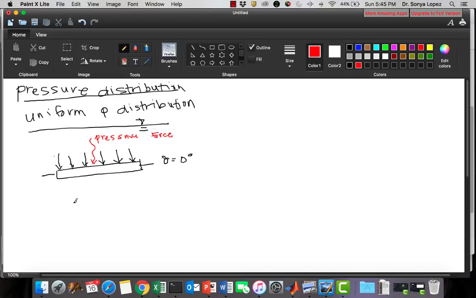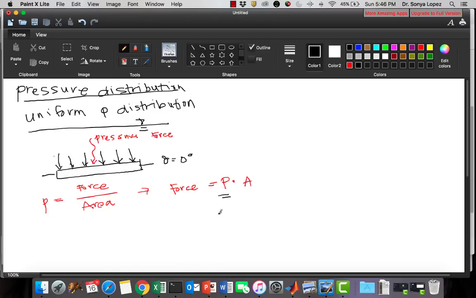Now recall that I had mentioned that pressure is equal to force over area. Okay, so that's really where we're going to get that force from. So then we can use that force is equal to pressure multiplied by area. Okay, now isn't it true that we know what the equation for pressure is, acting onto a submerged body, right?